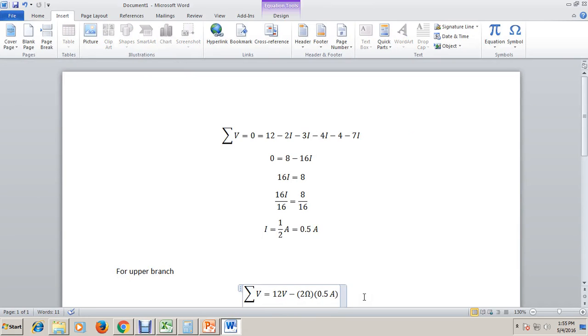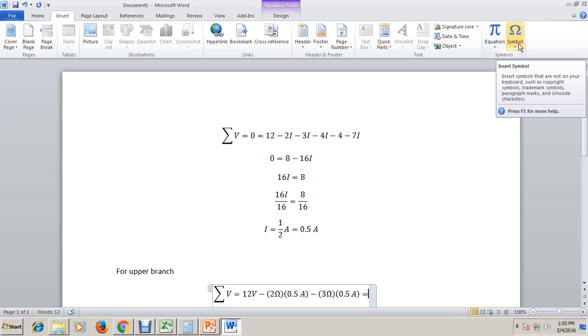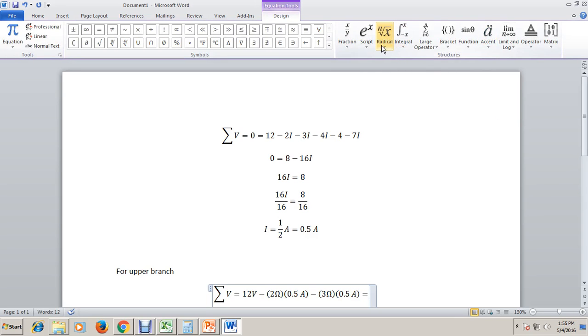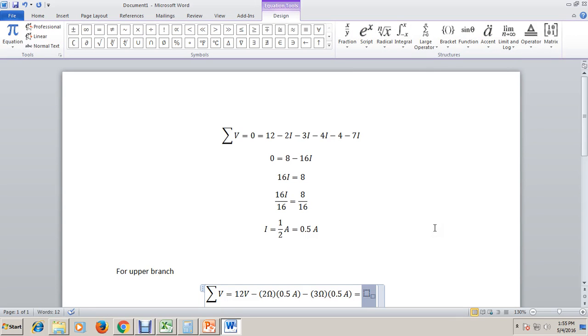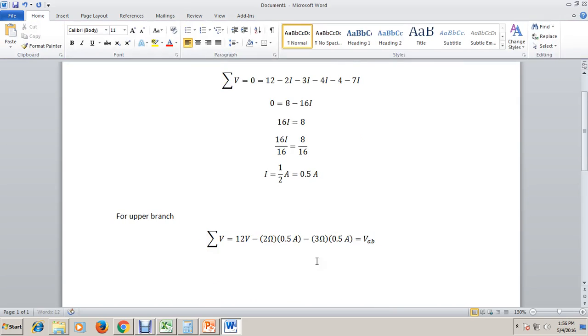This becomes minus 3 ohms times 0.5. This should be equal to V sub AB.